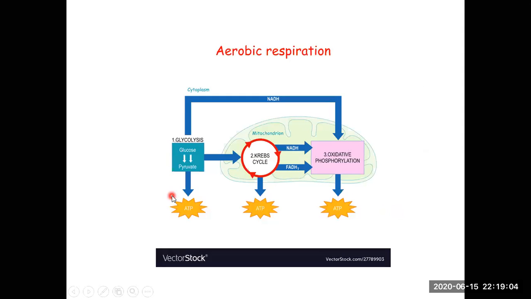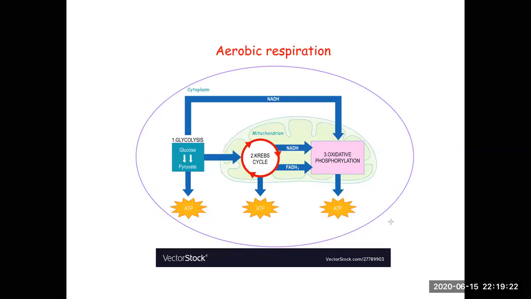Now, the whole cycle takes place inside a cell. But the glycolysis that we learned as the first phase of aerobic respiration takes place in the cytoplasm. As you can see here, the boundary of the cell, for example, let's consider this as a complete cell. All right. Here the cytoplasm, mitochondria, nucleus and all other organelles.